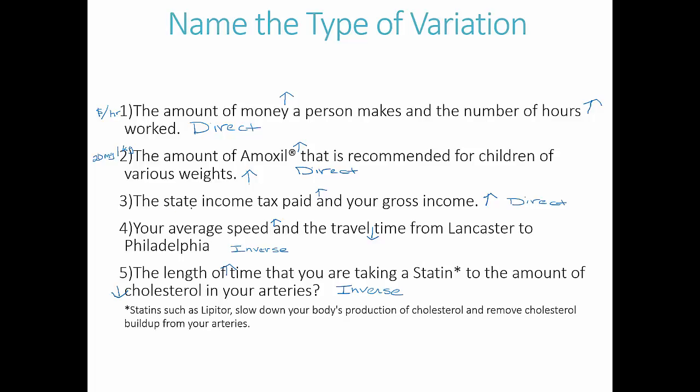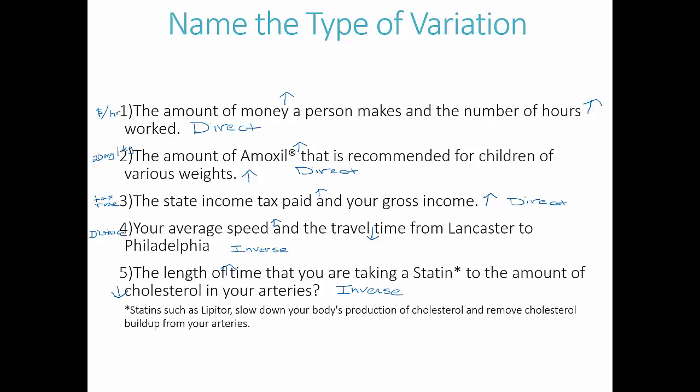When we look at our income tax, our tax rate is constant. So we can go to our PA State website, look up our tax rate, and figure out our income tax. When we're talking about speed and travel time, we have in here from Lancaster to Philly. So our distance is our constant.